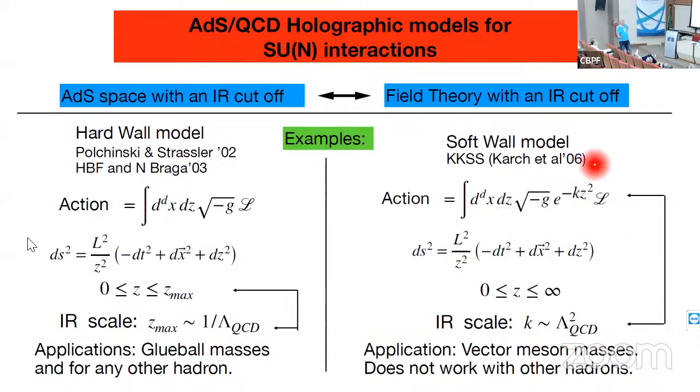So this k plays the role of an infrared scale, right? Here the metric is pure AdS. This is, let's say, the advantage of this model. In the hard wall it is also pure AdS, but we modify the space by cutting it in this region. This soft wall model was applied initially for vector mesons, but does not work very well for other hadrons unless you do some modifications, like the one I am going to talk about here.